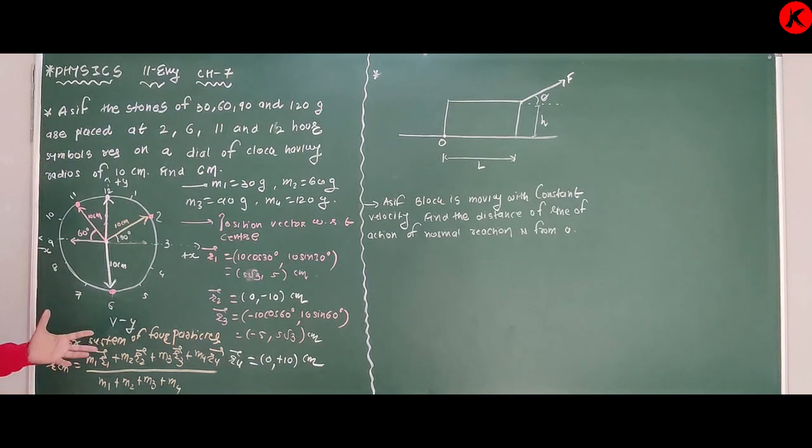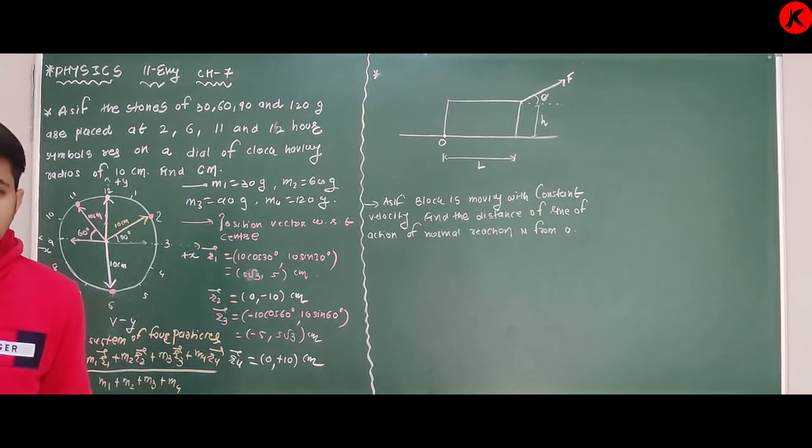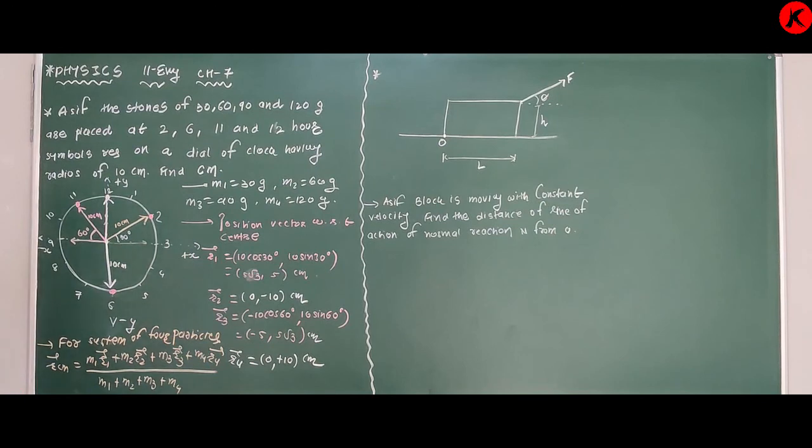If stones are placed at 1, 4, 7 and 10, then where is center of mass? If stones are placed at 12, 3, 6 and 9, then where is center of mass?